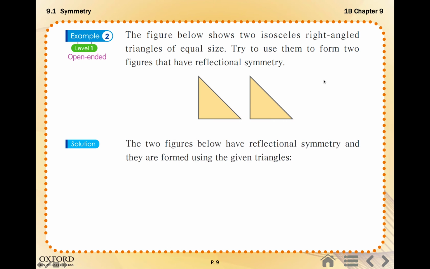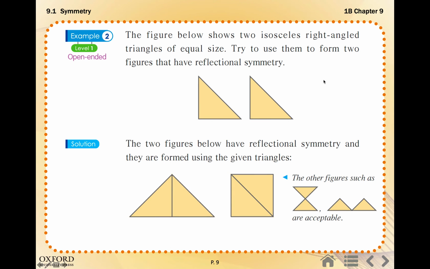And then if we look at the solutions here, you can see that I can form the figure like this. Then you can see that the axis of symmetry is here. So you can see that the two sides are the same. That means if I fold along this axis of symmetry, the two sides coincide completely.